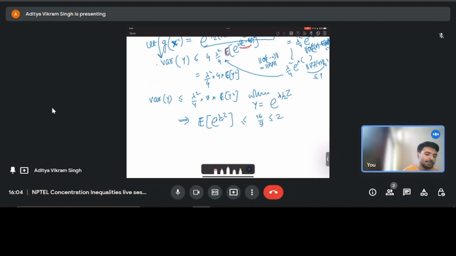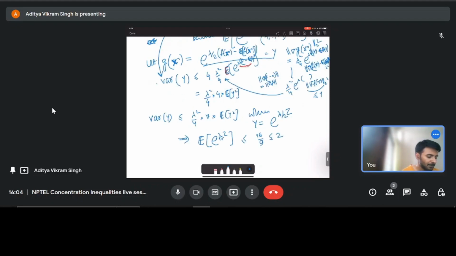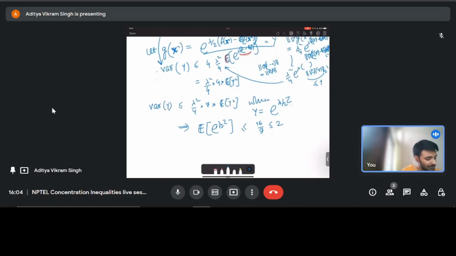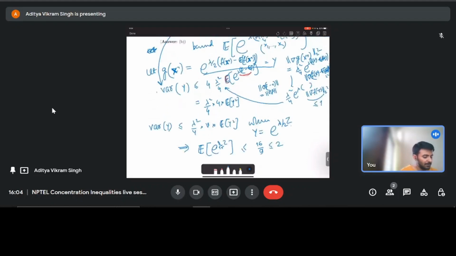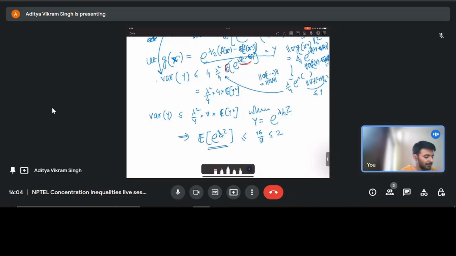So this was last week's last lecture, and we used it before. We have seen a similar thing before. If this happens, 1 by root v is some constant, and here v is 4.